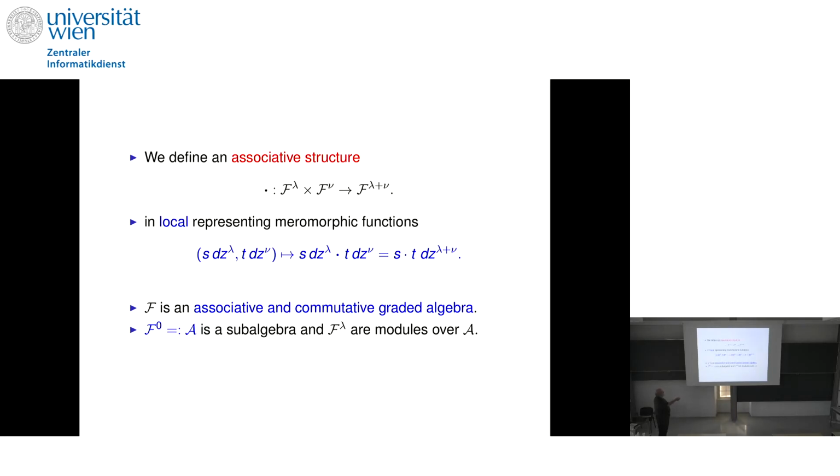It's just this one here, the local description. And now you check easily, this is more or less trivial, that this F, with all lambdas contained, is an associative and commutative graded algebra, where the grading comes from lambda.